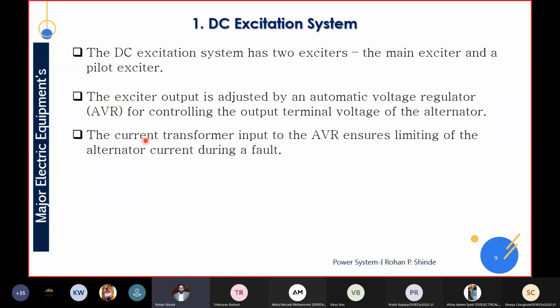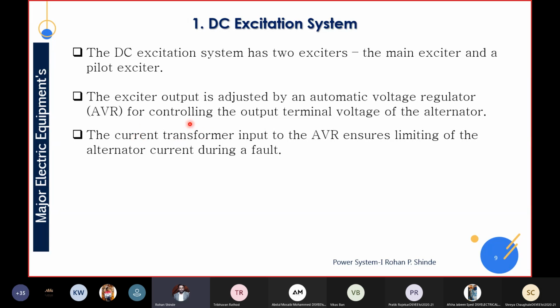I have already told you, first is measuring purpose, second is protection purpose. These instrument transformers, current transformer or potential transformer, are used only for two things: first is measurement purpose and second is protection purpose. If a current transformer is used in a measurement system, it only extends the range of the voltmeter or ammeter.